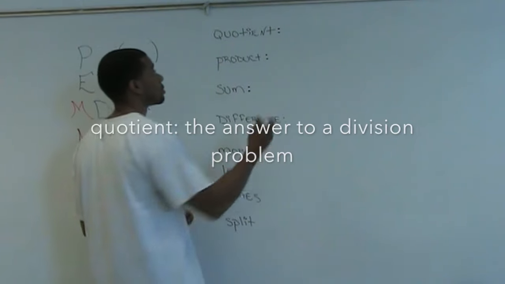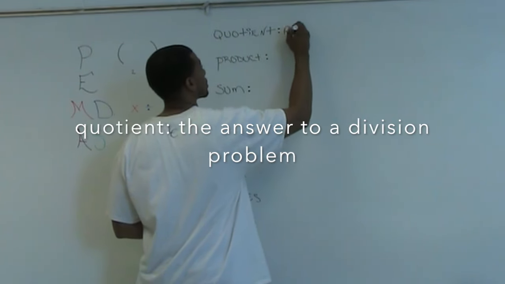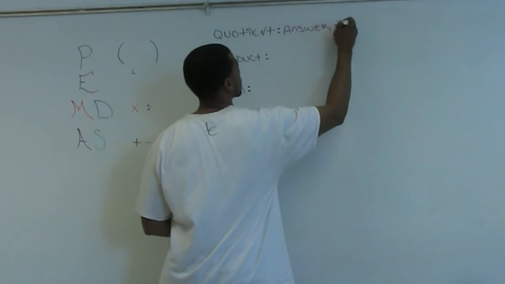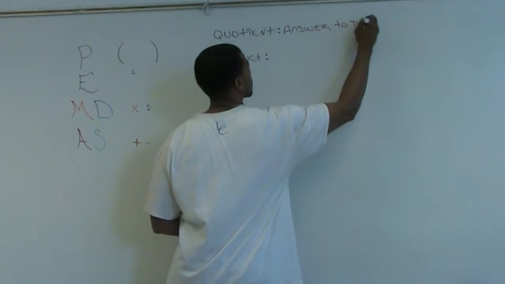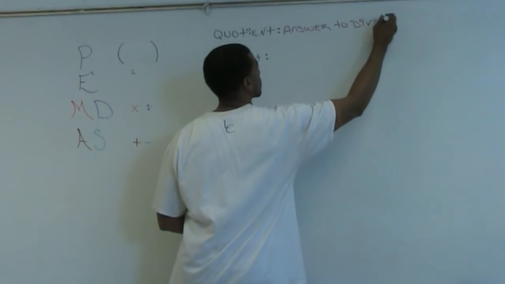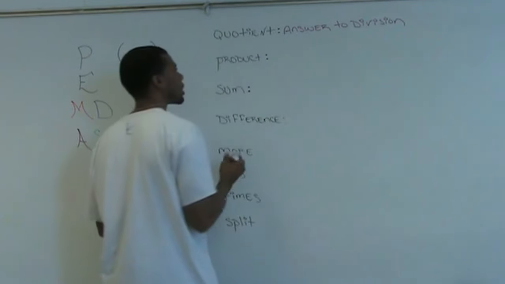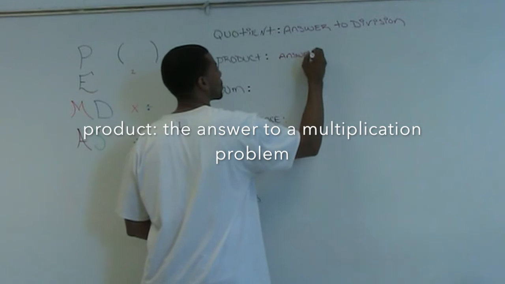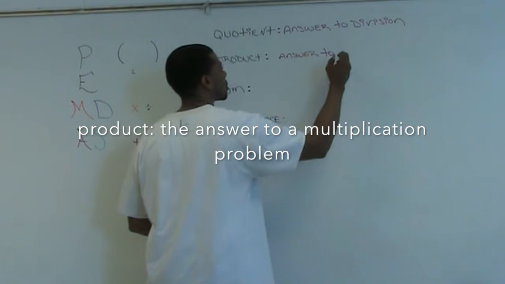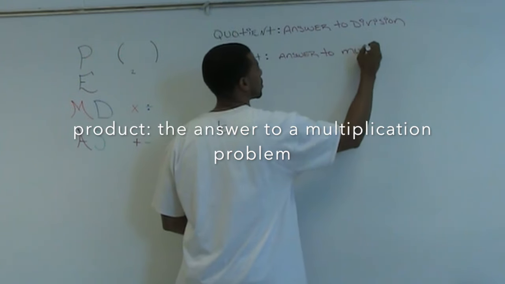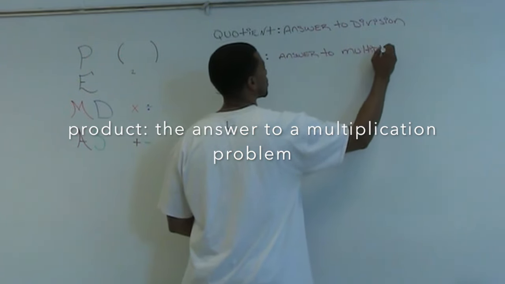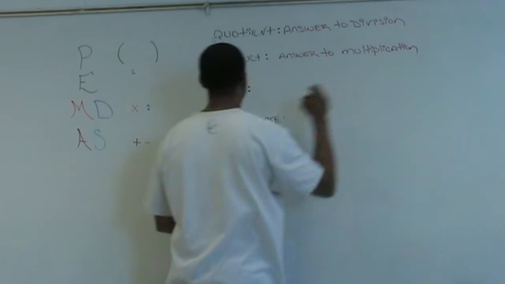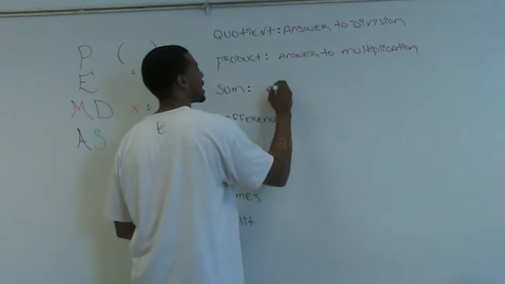Quotient is the answer to a division problem. Product, answer to multiplication. Sum is the answer to addition.